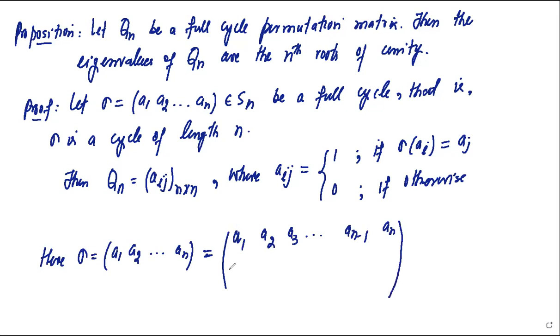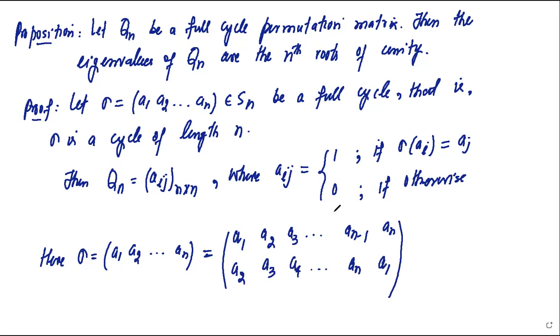And then in the second row, we write the images of the ai's. Under this cycle, a1 goes to a2, a2 has the image a3, a3 has the image a4, and so on. an minus 1 has the image an, and an has the image a1.